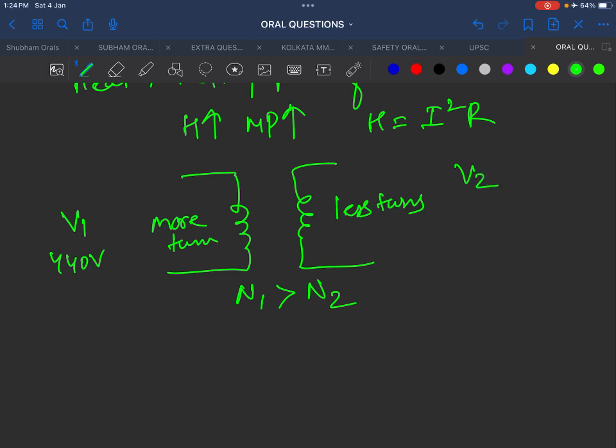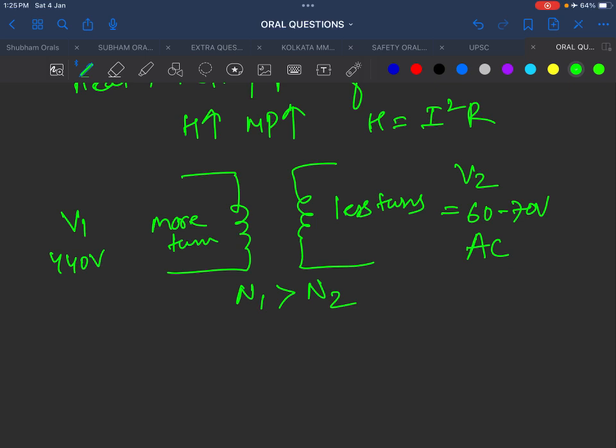V2 we are bringing down to 60 to 70 volt. That is AC. We can also make it DC in the welding transformer, using a rectifier to convert this voltage. So this 60 to 70 volt AC we take on the secondary side, with fewer turns on the secondary and more turns on the primary.